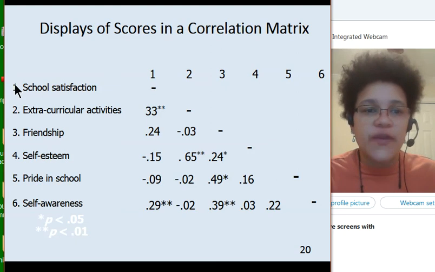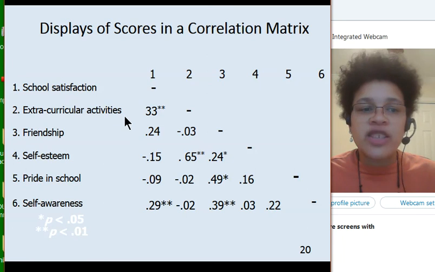So here were their variables. School satisfaction, number 1. Number 2, extracurricular activities. Number 3, friendship. Number 4, self-esteem. Number 5, pride in school. And number 6, self-awareness. So this is what they're evaluating using their survey. And these numbers represent the correlation between pairs of variables.